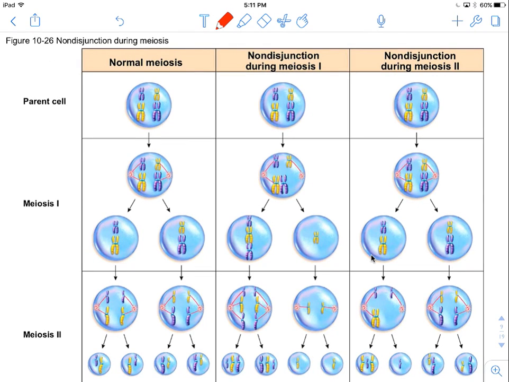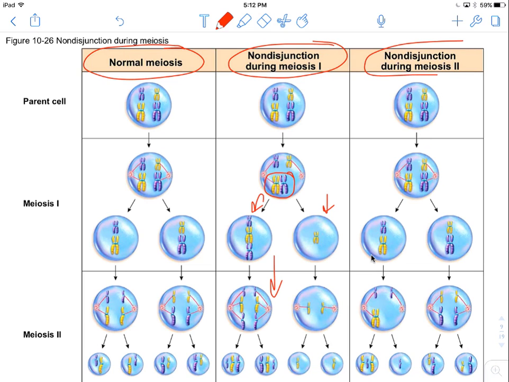So this is just looking at how chromosomes happen in a normal meiosis. And if you look, here's non-disjunction during meiosis 1. So basically this homologous pair doesn't split. They both go over to this gamete here. And so we're missing a chromosome here, and we have extra chromosomes in this line over here.